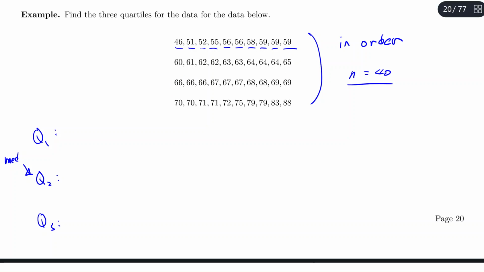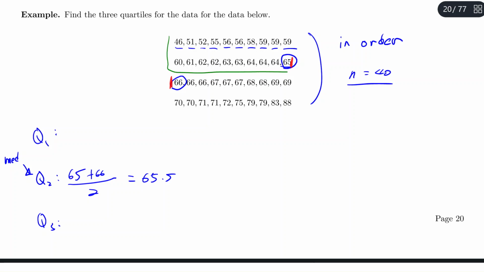So for median, we add those 2, 65 plus 66 divided by 2 gives me 65.5. So 65.5 will be right here. So essentially, 65.5 divides the entire data into first half and second half, below Q2, above Q2.